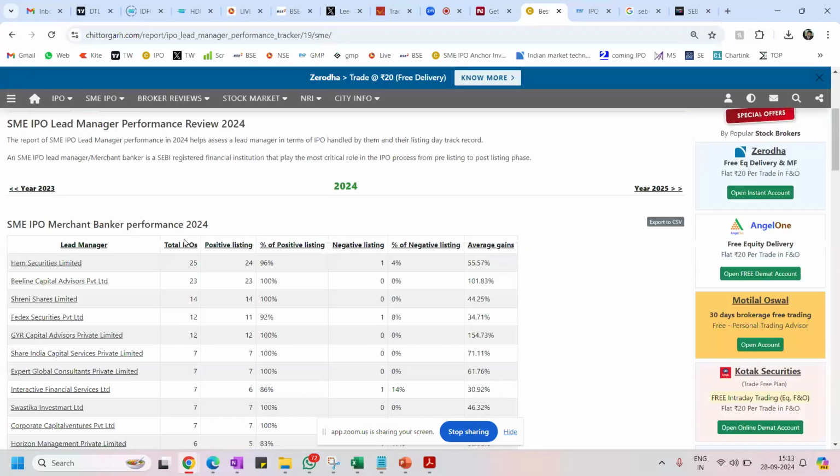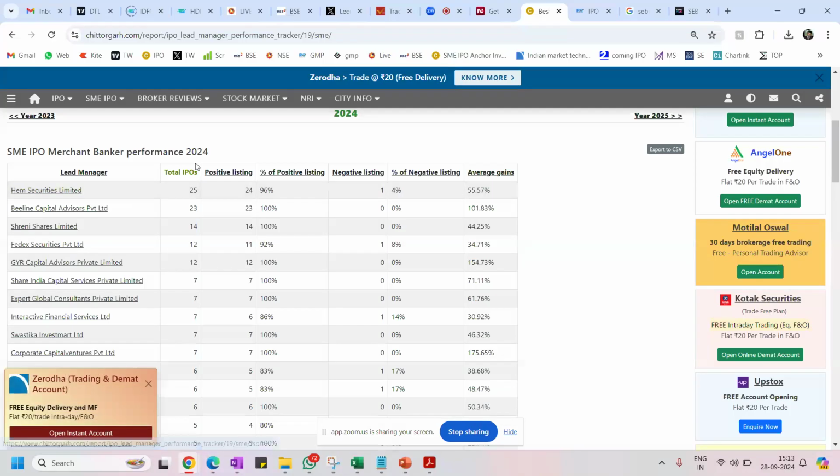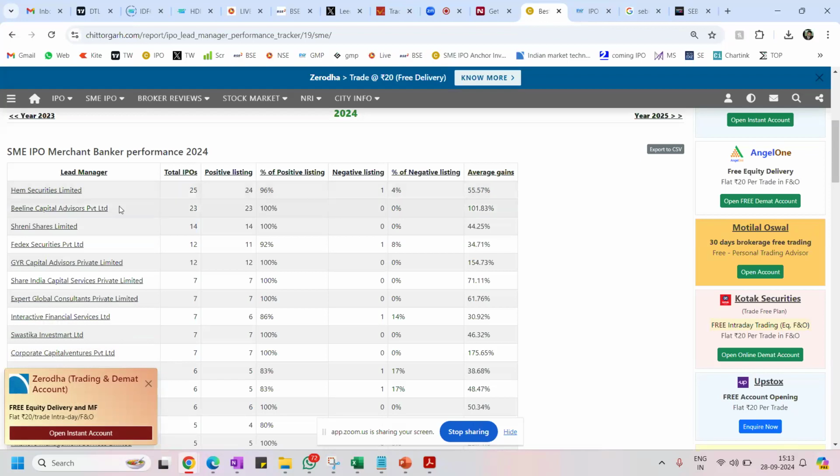If you click here, you'll be able to see the performance of all the merchant bankers. For example, Hem Securities brought 25 IPOs in 2024, and 24 of them were positive. So if Hem brings out an IPO, we'll see higher subscription, and the chance of negative listing is less. Beeline, owned by Nikhil Baisha, similarly 23 out of 23, all positive.